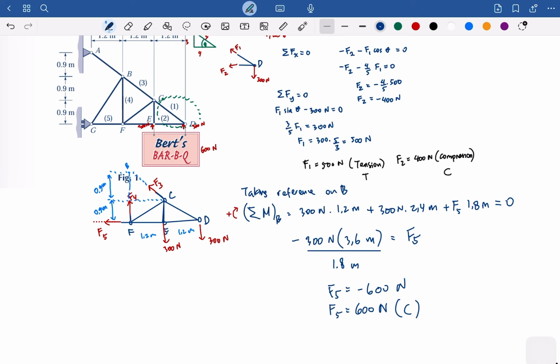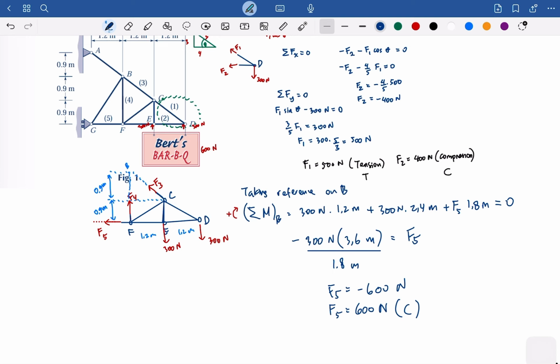From 600, it's divided through 500 and 400 for F1 and F2, and then 600 on F5. Remember the diving board we talked about yesterday: the more distance it has, the bigger the moment.